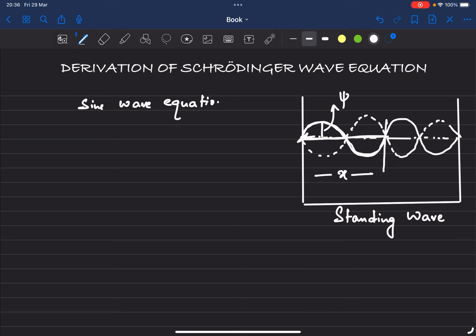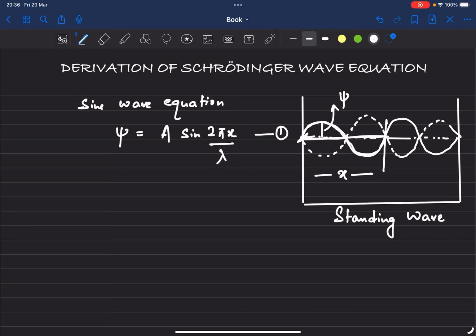How can we write this equation? We can write this equation as psi equals a sine 2 pi x by lambda. Let this be equation number 1. Now we have to define the different terms that have come up in this equation.